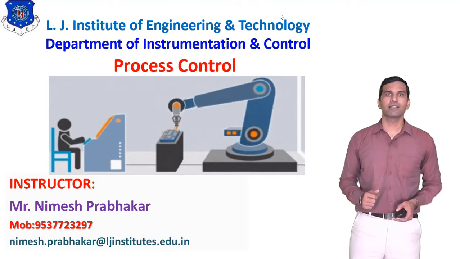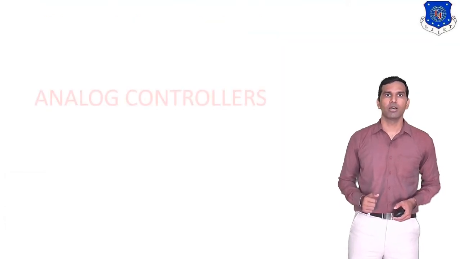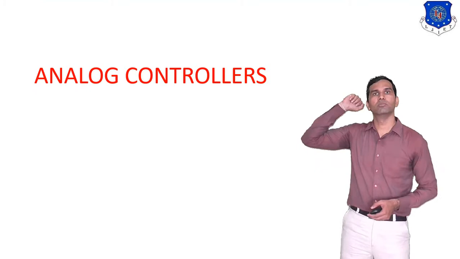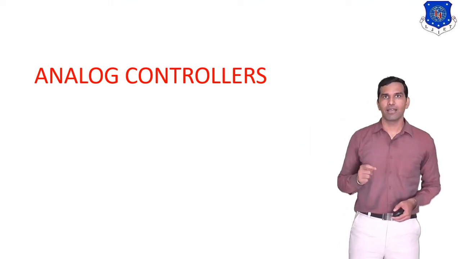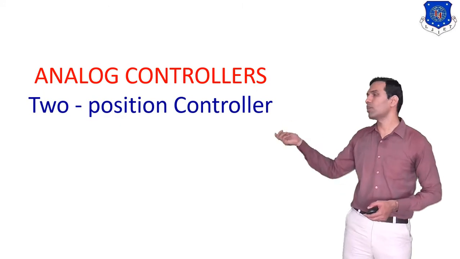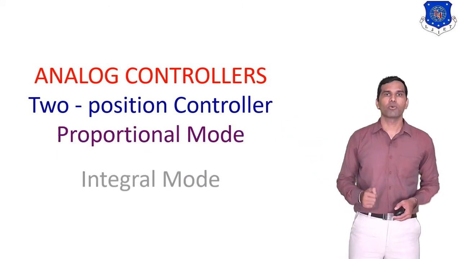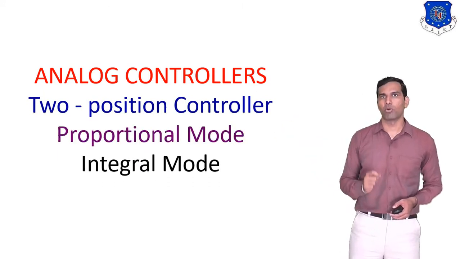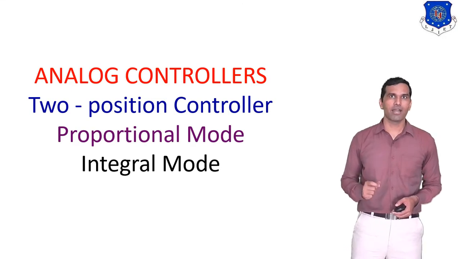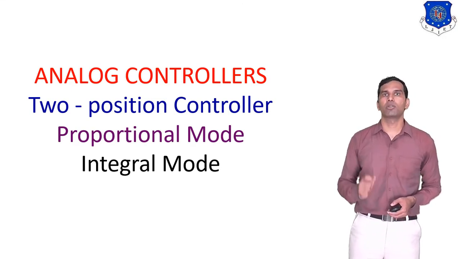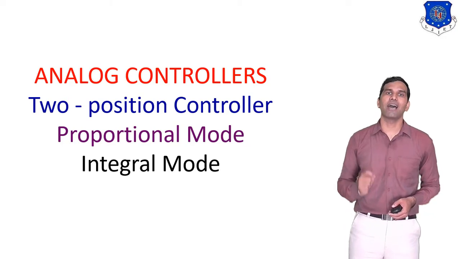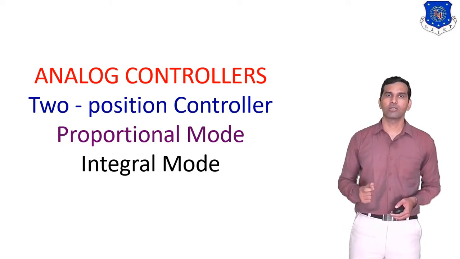Now in this lecture we discuss the analog controller, including the two position controller, proportional mode and integral mode. So now we start another type of controller. This is known as the analog controller, and it is also the same as the PID controller.